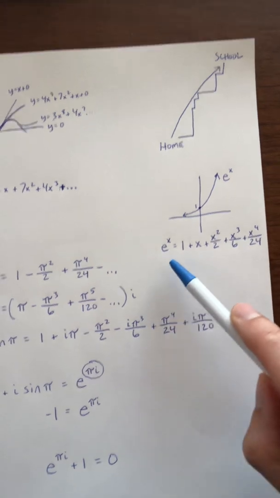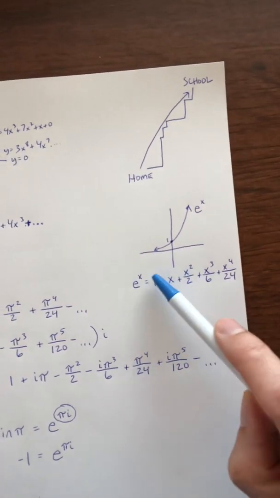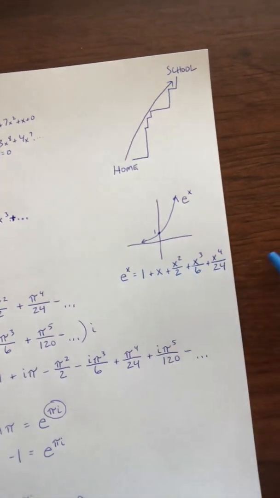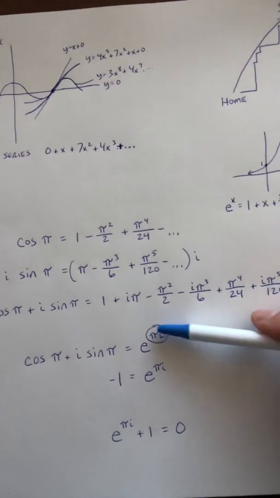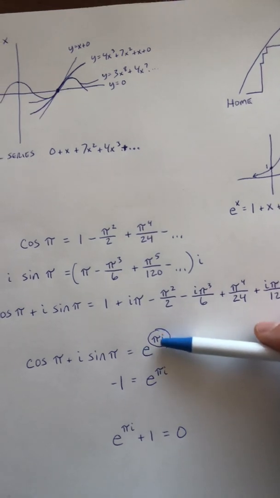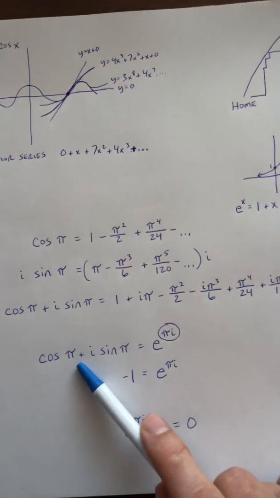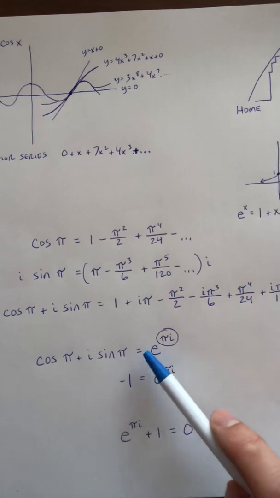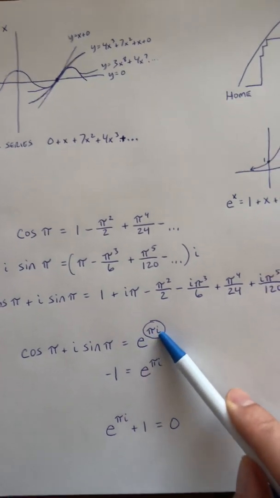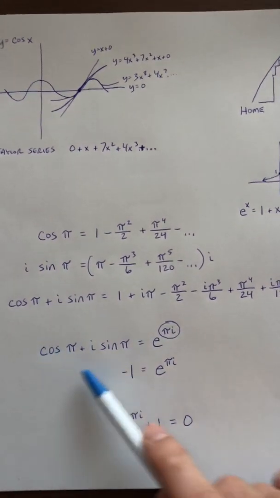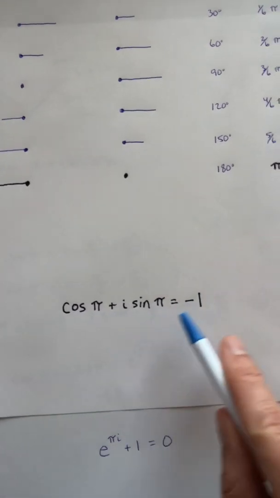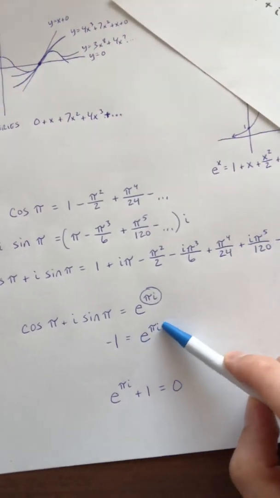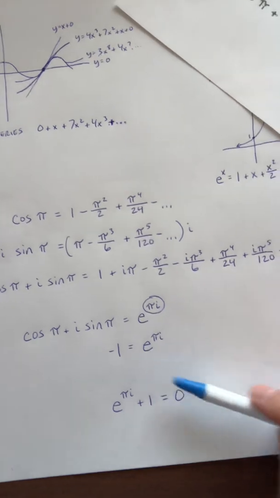So he's like, hey, if we add an i to this one, and he put an i there, and he factored it out, and he realized that these two were identical if you stick an i in the exponent. Cosine pi plus i sine pi is the same thing as e to the pi i. And since this, we know from earlier, is equal to -1, then therefore we know that e to the pi i equals -1.